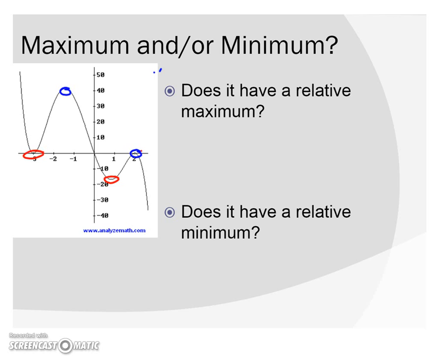Now remember that we use the term relative, meaning it's the highest point compared to the points around it, but it doesn't necessarily mean it's the highest point on the whole graph. If we had, say, a parabola that looked like this, and we could say this is the highest point on the whole graph, we would call that an absolute maximum.